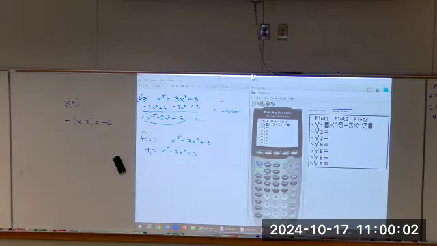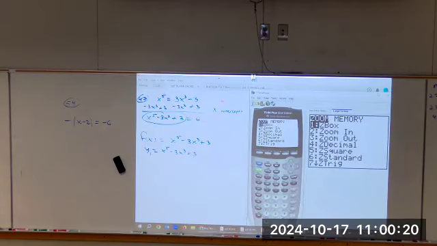And then plus 3. That's your function. That's your equation. Now I have no idea what the window should be. So all I'm going to do is zoom standard, which is what earlier in the textbook they told us to do. So zoom standard is options.